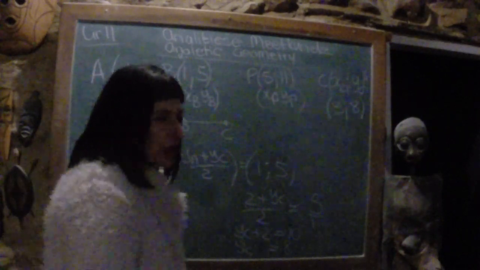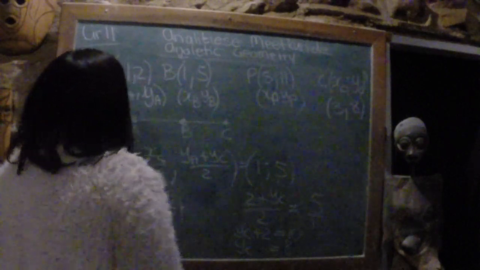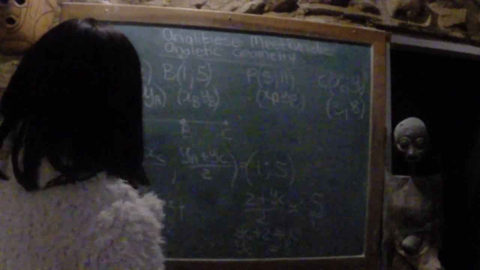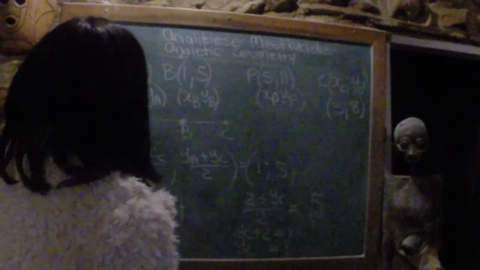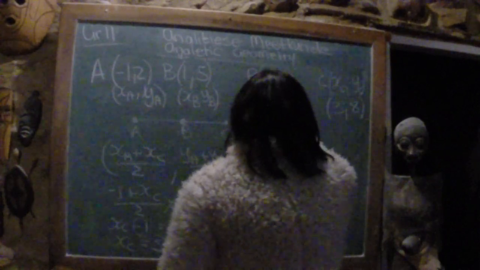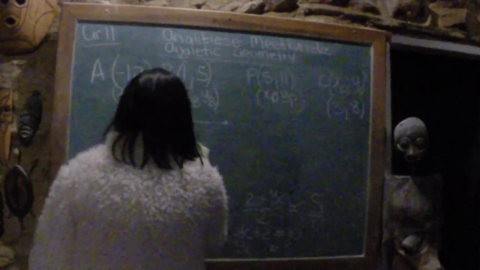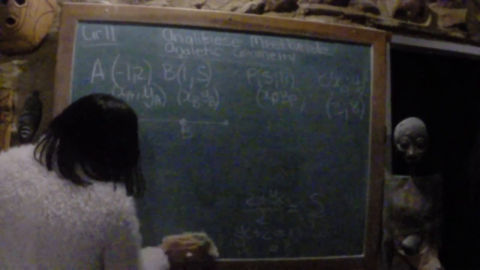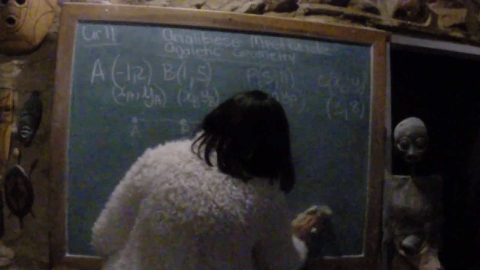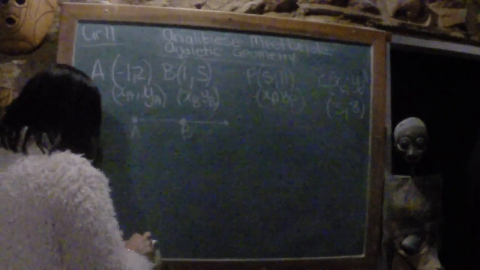Okay, the next question, the last one in this case, they say that A, B and P is collinear. A, B and P is collinear if this is the coordinate of P, and you must prove it. Dit beteken as ek my leerwerk ken, dat A, B en P op dieselfde lyn moet lê, want dit is wat collinear beteken.